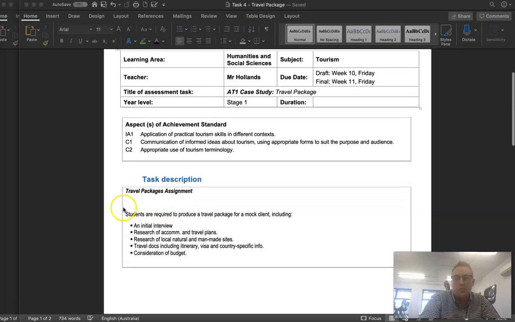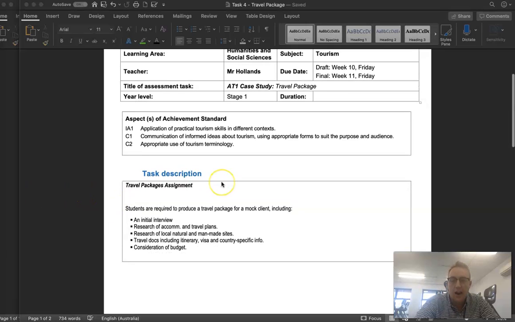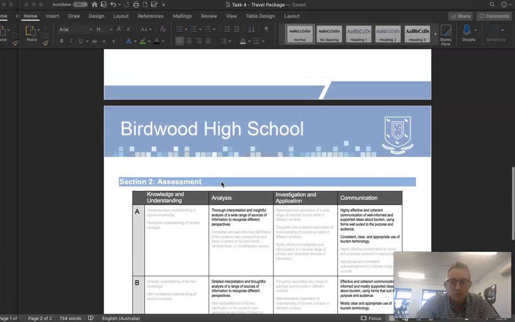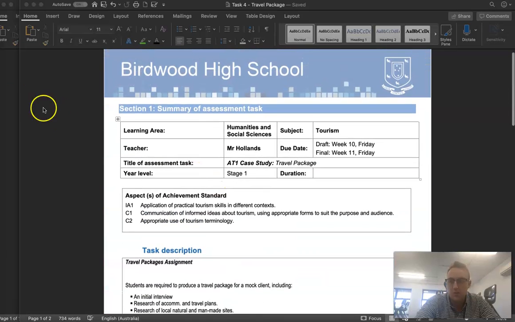Basically, you are required to produce a travel package for a mock client, which will include the following: an initial interview with that client, research of accommodation and the travel plans, research of local natural and man-made sites, travel documents including itinerary, visa, country-specific information, and you also need to be considerate of a budget. There's the rubric there, but don't stress too much about it because it's a pretty straightforward assignment.